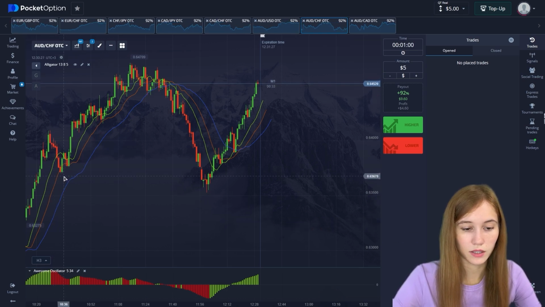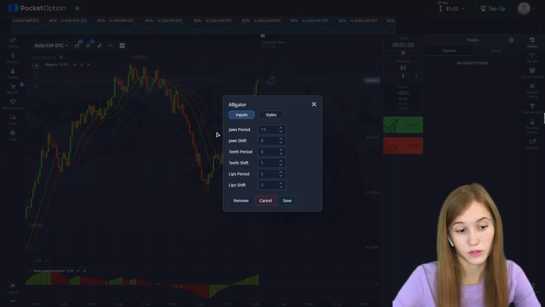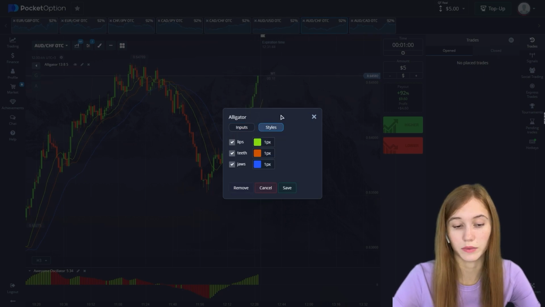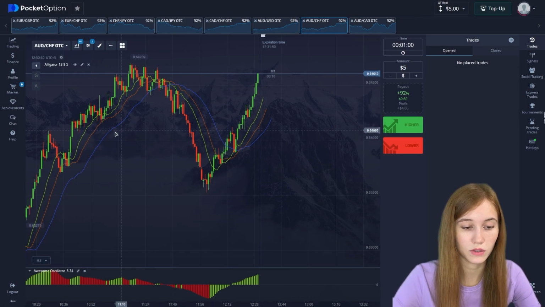So let's talk a little about indicators. The first one is the Alligator indicator, located on our chart. Its parameters and values are here, but the standard settings are suitable for most time frames. Also, don't be afraid to play with the values.